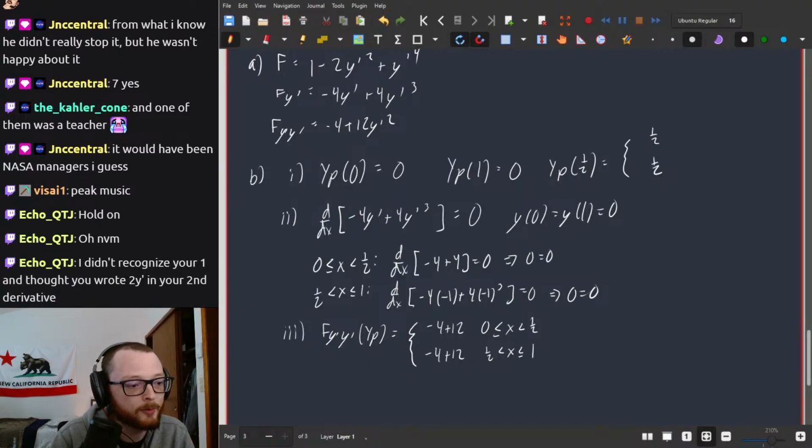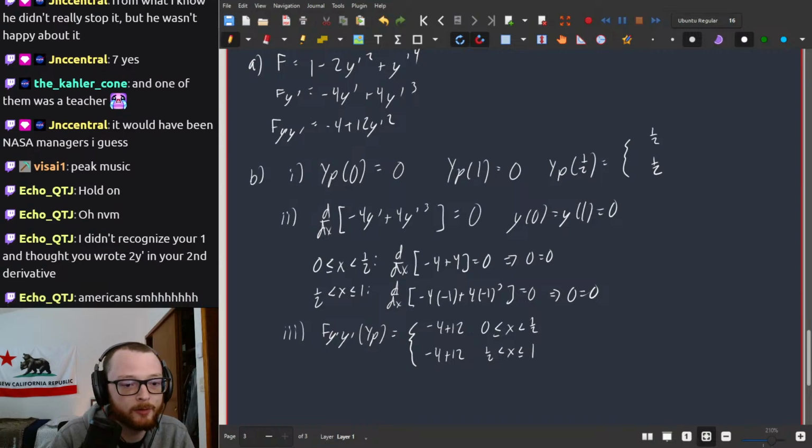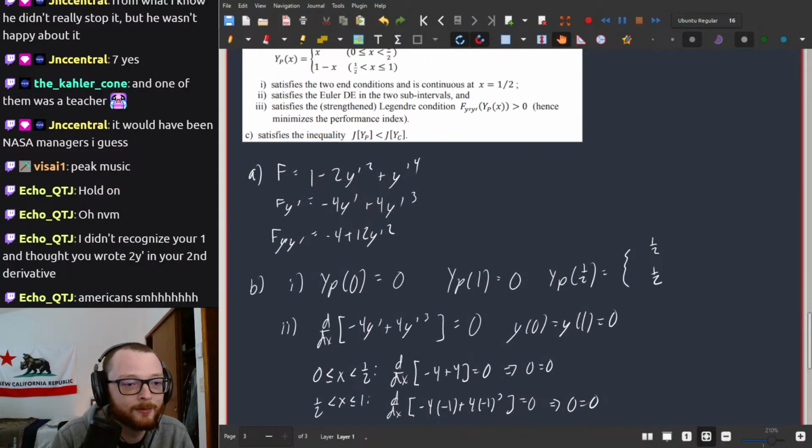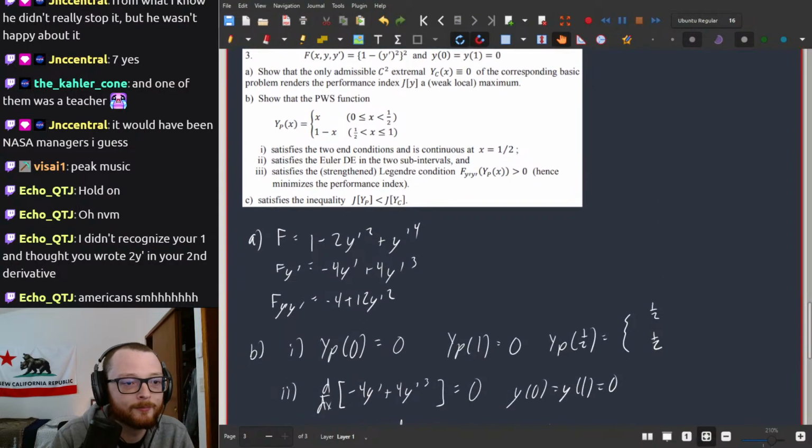Didn't recognize your 1, thought you wrote 2y prime in your second derivative. Oh, okay. Americans, yep. Can't stand them. The thing that always gets me with how Europeans write things is intervals.